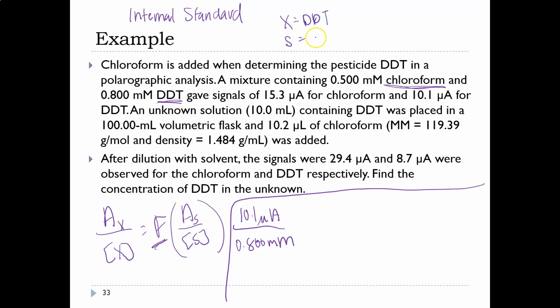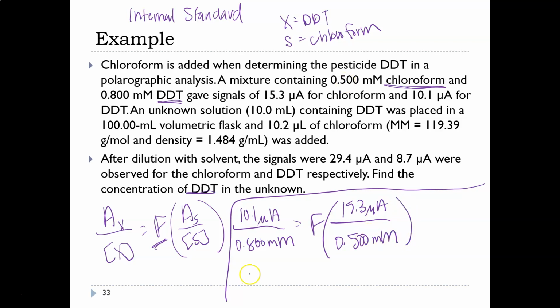S equals the other chemical that we always know about. The chemical that we're being asked to solve for is going to be X. So that equals F times the response for chloroform, which is 15.3, and the molarity of chloroform is 0.500 millimolarity. So now we solve for F, and when I solve for F, I get 0.412582.